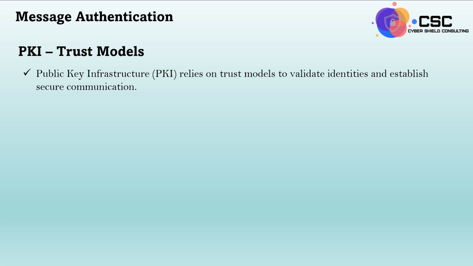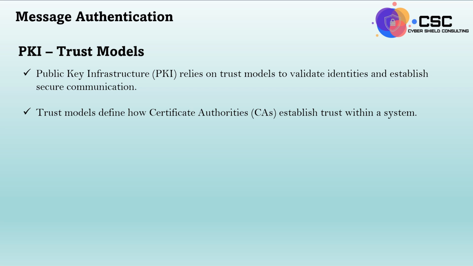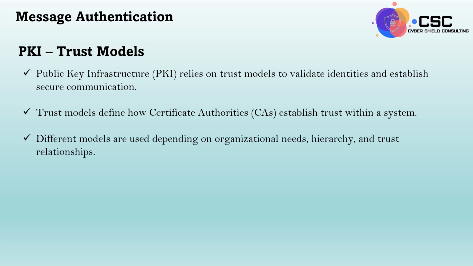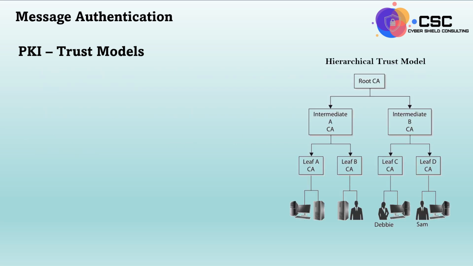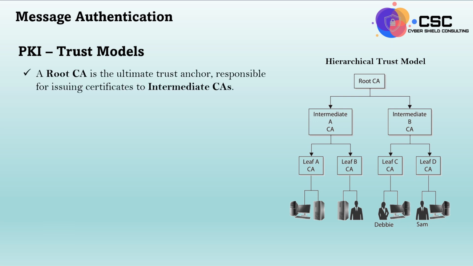Organizations choose different models based on their structure and security needs. In this video, we'll explore the different types of trust models used in public key infrastructure and how they function. The first model we will look at is the hierarchical trust model. This model follows a top-down structure where the root certificate authority acts as the ultimate trust anchor.